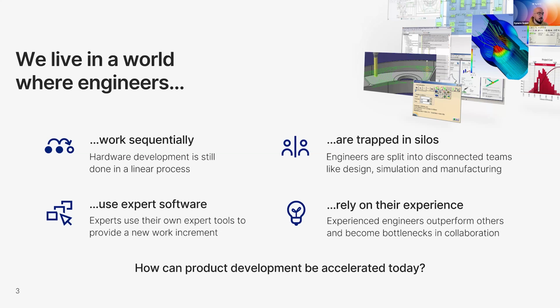Oftentimes, the work between these teams is very sequential. Design comes out, it goes to a simulation analyst, then back to the designer, they make some updates, back to the simulation engineer, then to the manufacturing engineer. It's all a very manual process that goes back and forth between different players.